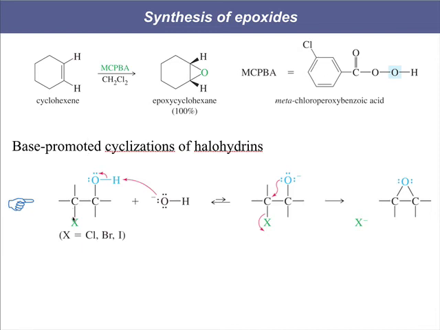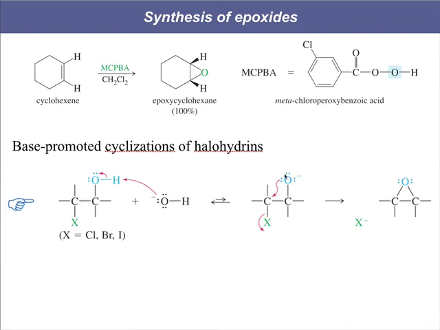We made halohydrins which had the X and OH group on vicinal carbons, and they were always anti to one another, which means that if you deprotonate the oxygen with a base, you get the alkoxide, and that could displace the leaving group X from the backside.